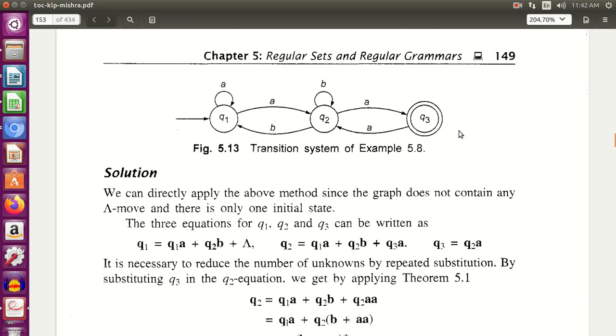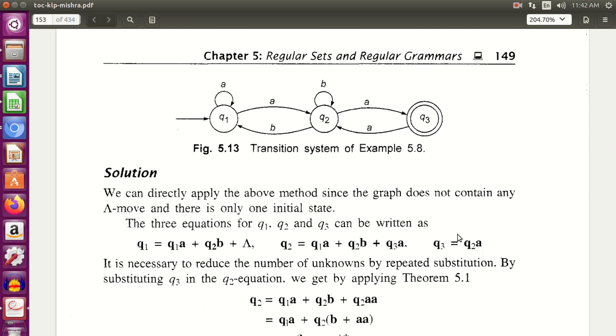So for Q3, what is the incoming edge? It's this one. There's an edge coming from Q2 with label A into Q3. So we can write Q3 is equal to Q2A, because we have an edge from Q2 with label A coming into Q3. No other incoming edge is there, so this is the only expression we get for Q3.